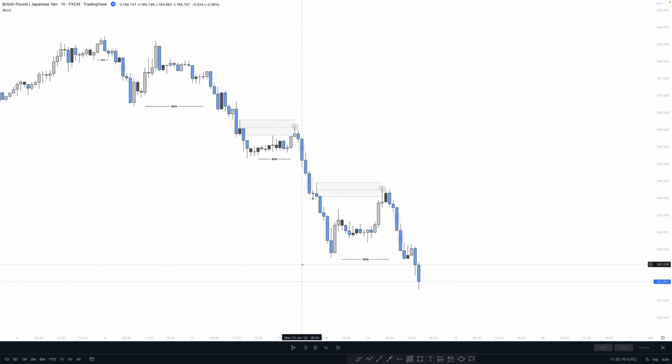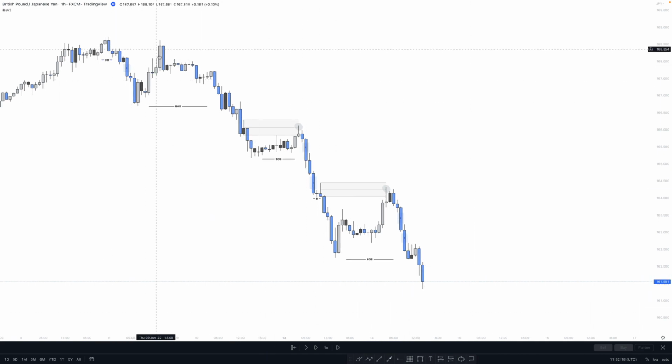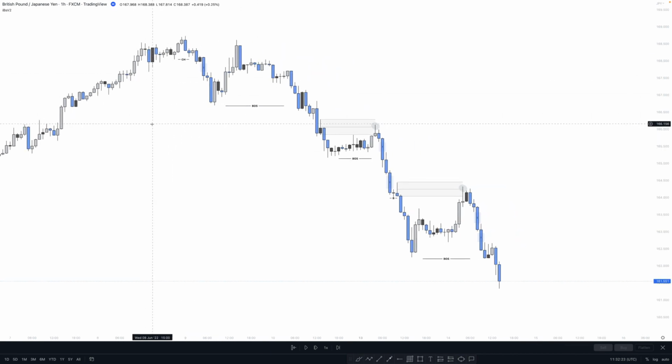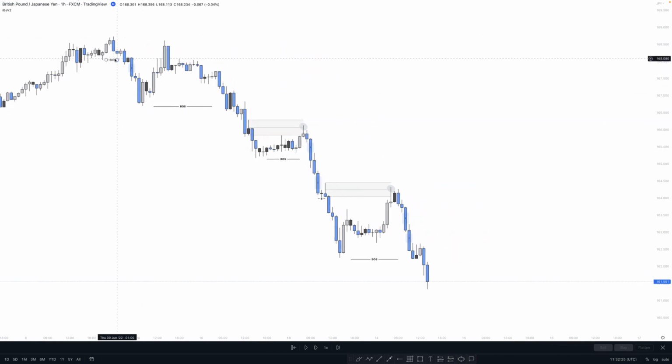Okay, so as you guys can see, we have this chart right here. Price was going in this uptrend, pushing higher, and then after this point we have this change of character, we have this break of structure, this impulsive movement to the downside. It was not that clean and not that clear. Why?